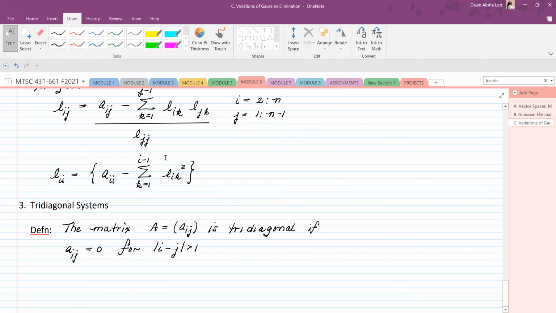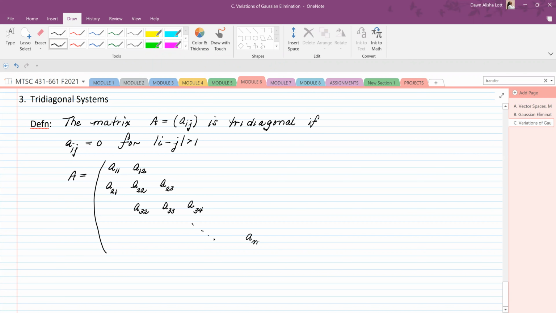So this is a matrix A that looks like A11, A12, A21, A22, A23, A32, A33, A34, and it goes all the way down to A(N-1),N, A(N,N-1), ANN.